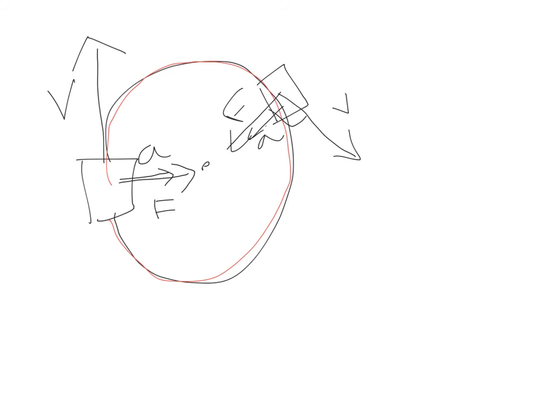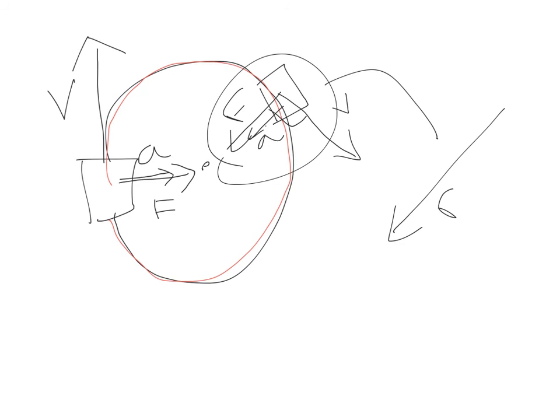Also, just be careful, in this diagram I have drawn a and F at slightly different places, but they are all acting at the same place towards the center, in the same direction. The perfect way to draw this would be to draw force and acceleration right on each other.